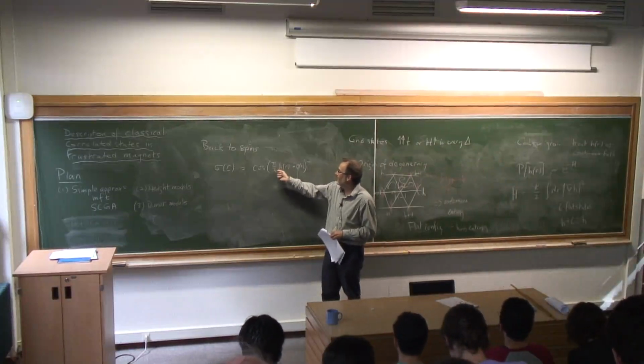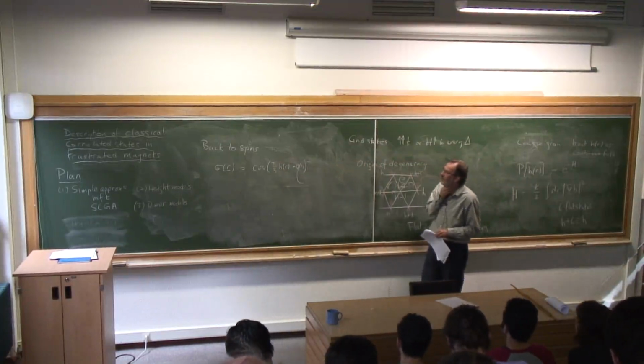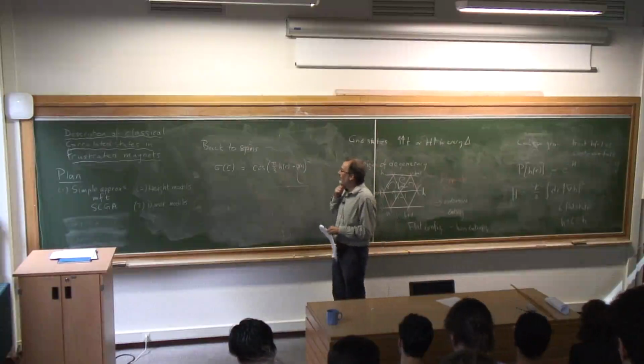So if I increase H by 6, I just increment the argument of the cos by 2 pi.